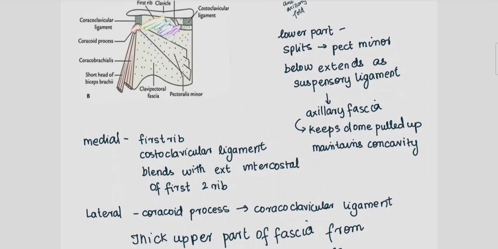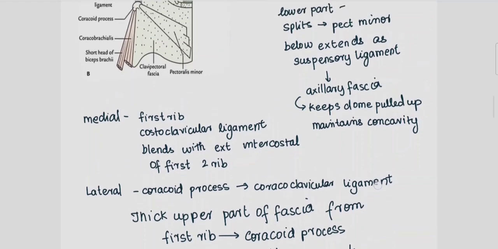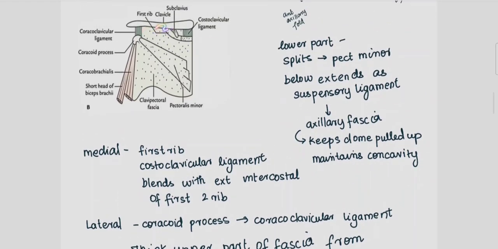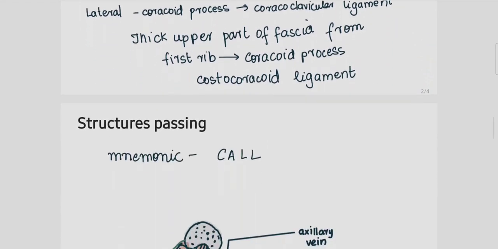This area is the costocoracoid ligament. So costoclavicular ligament on the medial side, coracoclavicular ligament on the lateral side. So these are the extent of the clavipectoral fascia.